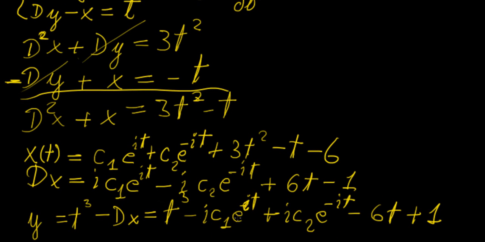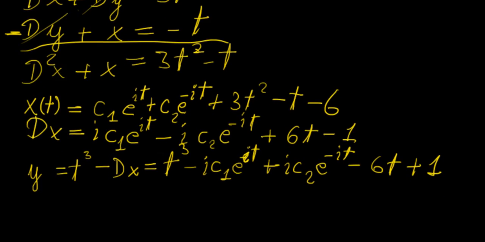But if we want to prove that this solution and this solution are both correct at the same time, what we can do is find dy, such that once we plug it into the second equation, we can verify whether we get the correct answer. So dy in this case is going to be 3t squared minus 6.